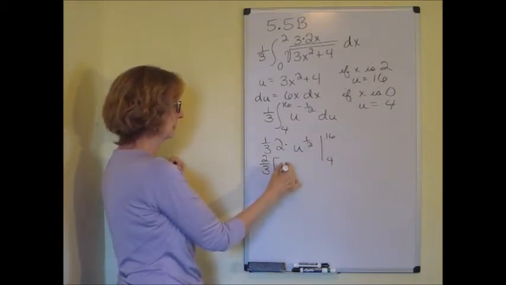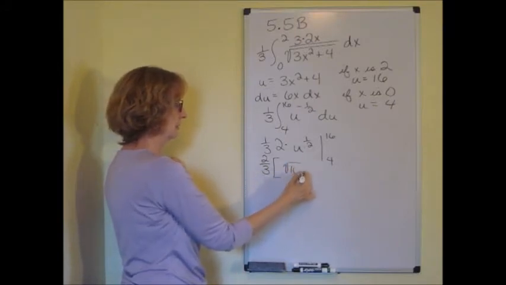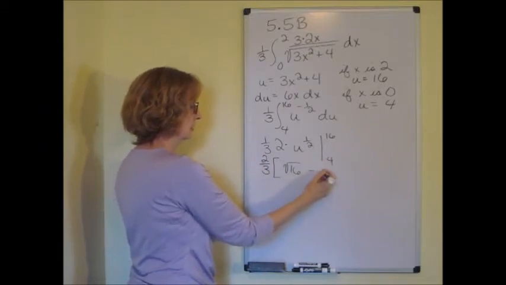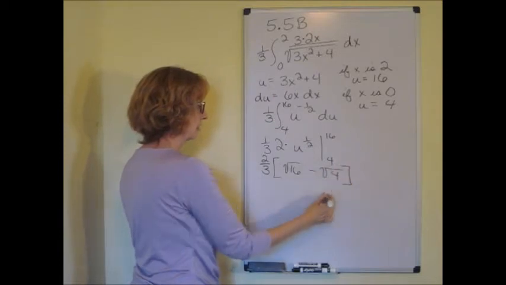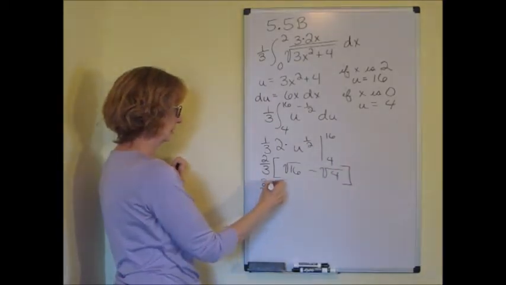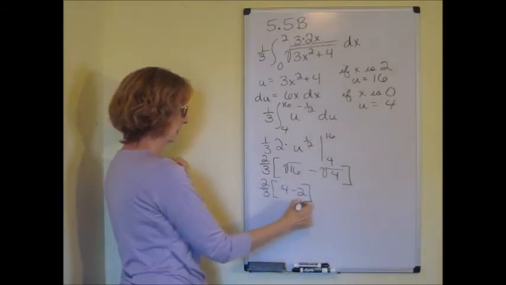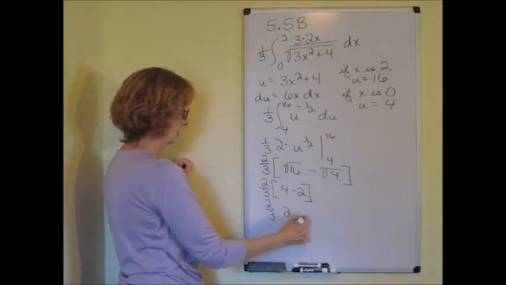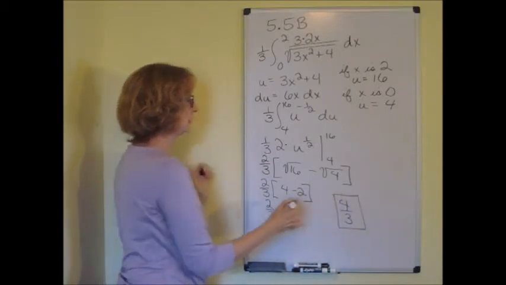That's going to be 16 to the 1/2 power, which is really the square root of 16, minus, and then plug in our 4 for u, so that'll be 4 to the 1/2 power, the square root of 4. That's 2/3 times 4 minus 2. So that's just 2/3 times 2, which is 4/3 for that first one.